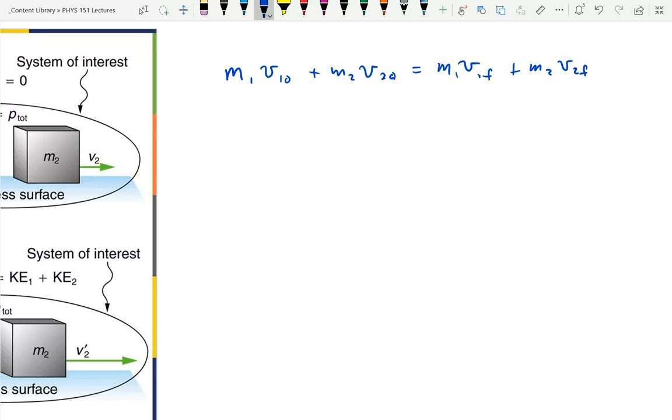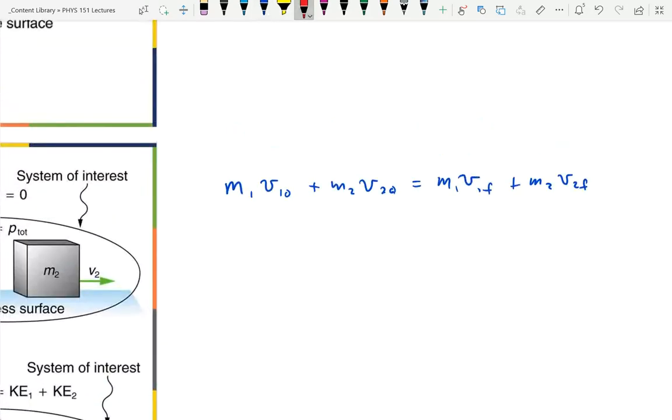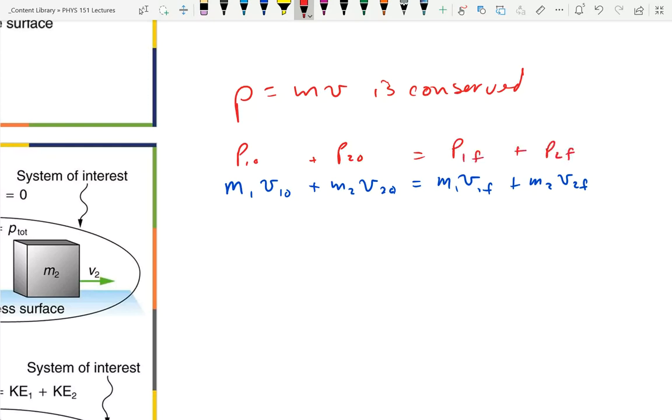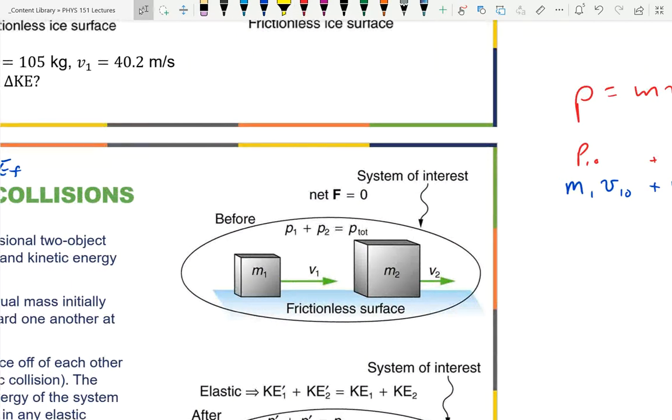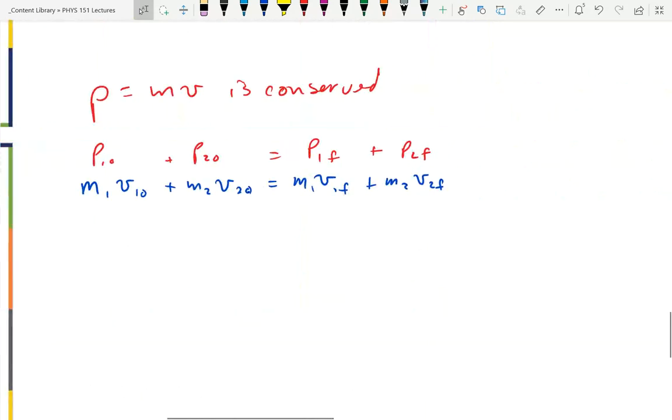Those are momentum, mv is conserved. So this is momentum of 1 initial plus momentum of 2 initial equals momentum of 1 final plus momentum of 2 final. The illustration is using primes to indicate final, not to indicate a derivative. Oh, okay. So we have that relation.